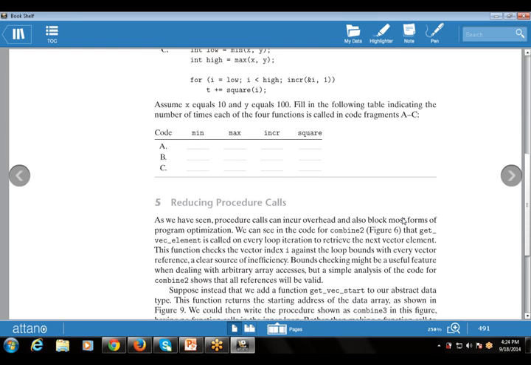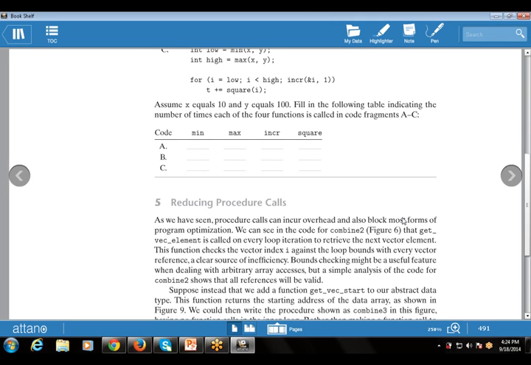Then we discussed another topic, that is how to reduce procedure calls. As we have seen, procedure calls can incur overhead and also block some forms of program optimization.